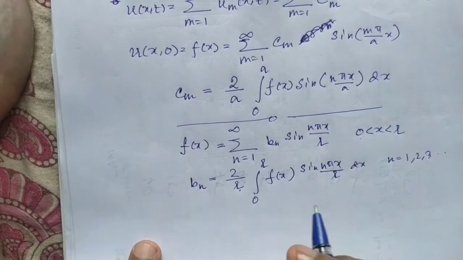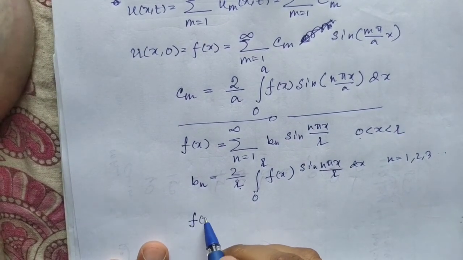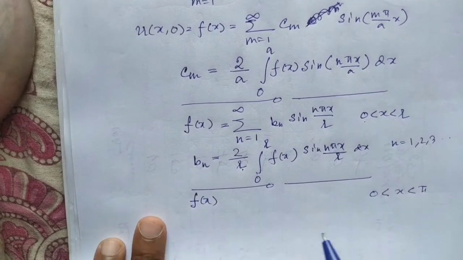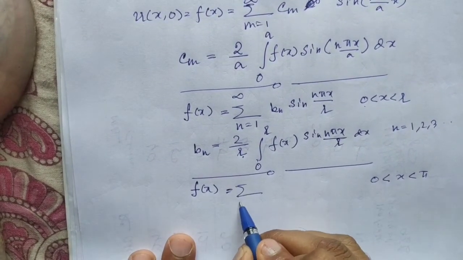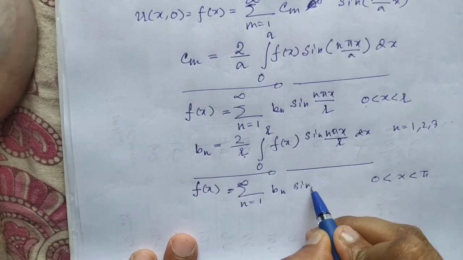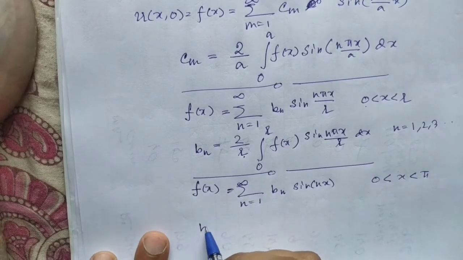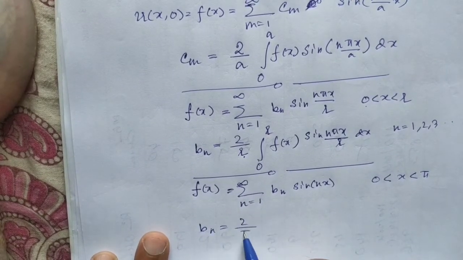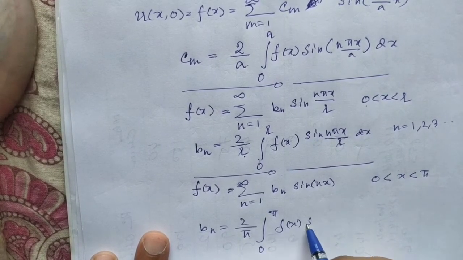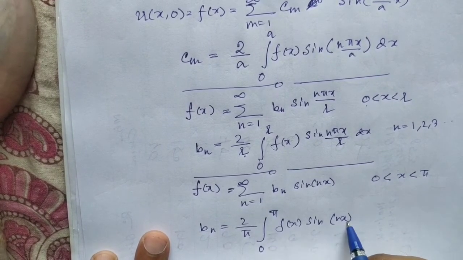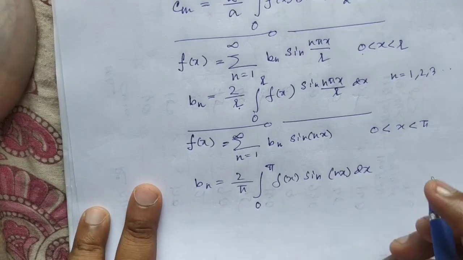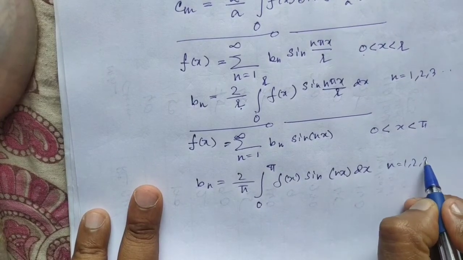So writing that, whenever you are taking this from 0 to pi, then this will look like n equal to 1 to infinity bn sine of simply nx, and your bn should be equal to 2 over pi, integral 0 to pi f(x) sine nx dx for all n equal to 1, 2, 3, etc.